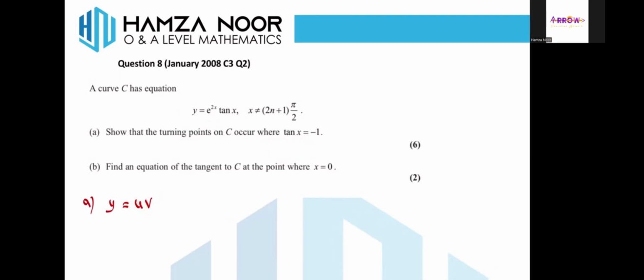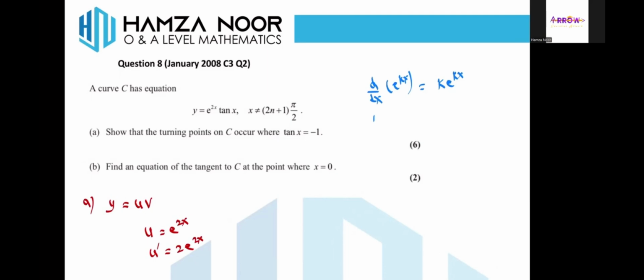Okay, so u is the exponential term, which is e raised to the power of 2x. When we differentiate u with respect to x, we get u dash, which will be 2 times e raised to the power of 2x. The concept behind this is that when e raised to the power of kx is differentiated, it gives you e raised to the power of kx as it is, multiplied by k.